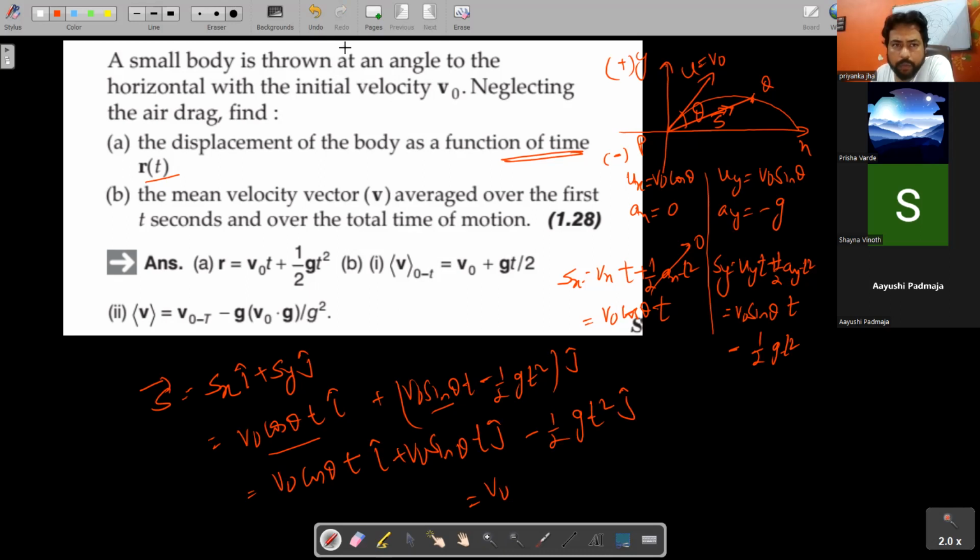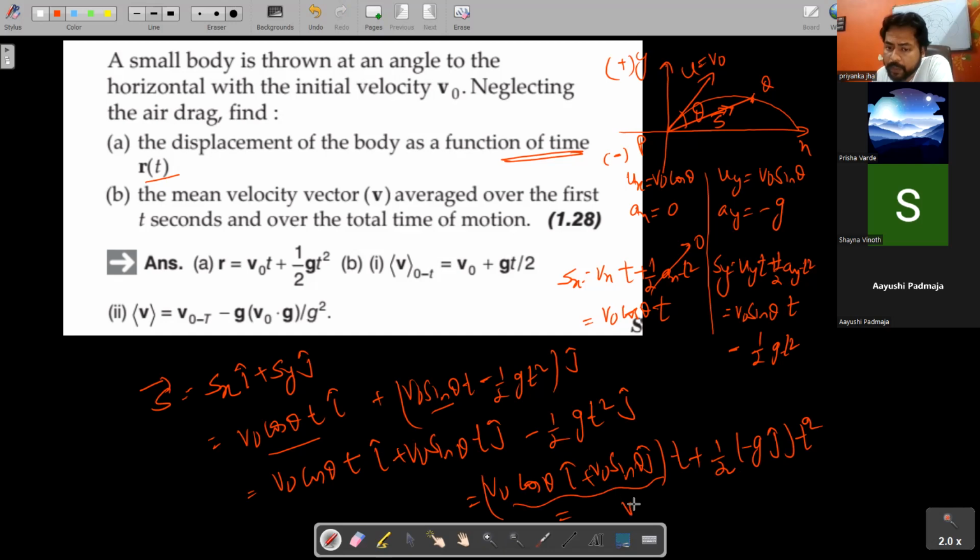V naught, do not take t common. V naught cos theta, take t common only. V naught cos theta i plus V naught sin theta j into t, plus half minus j minus g j t square. Now can we write this complete thing as V naught vector?